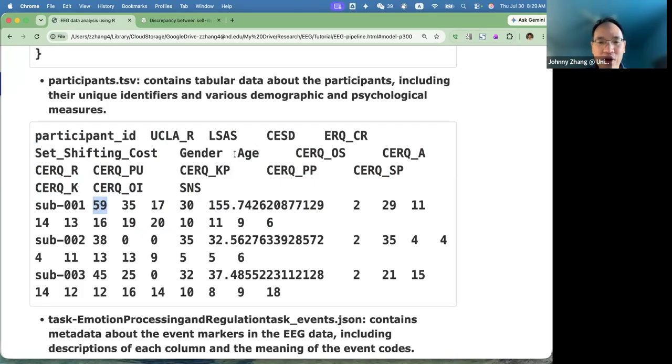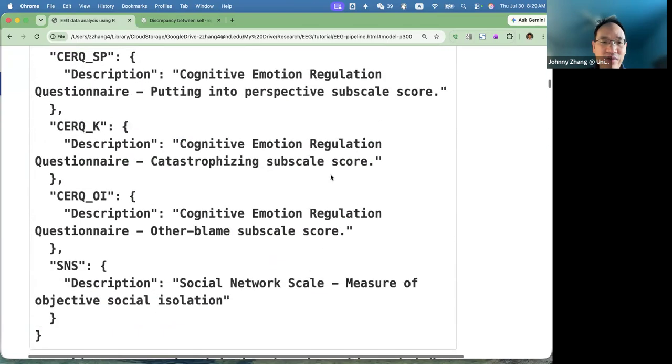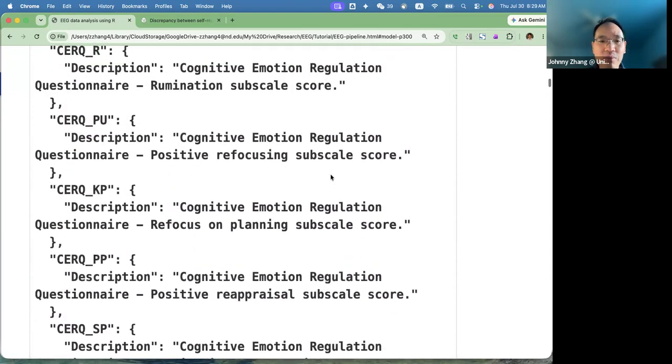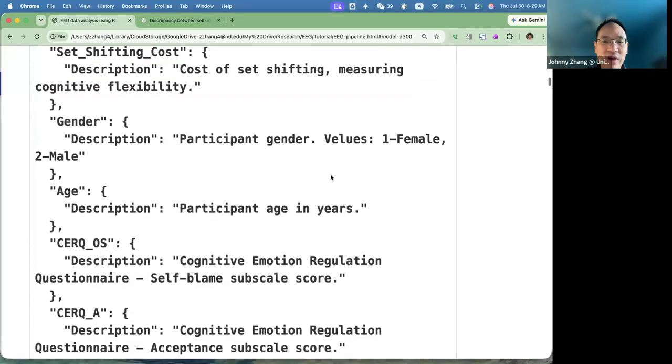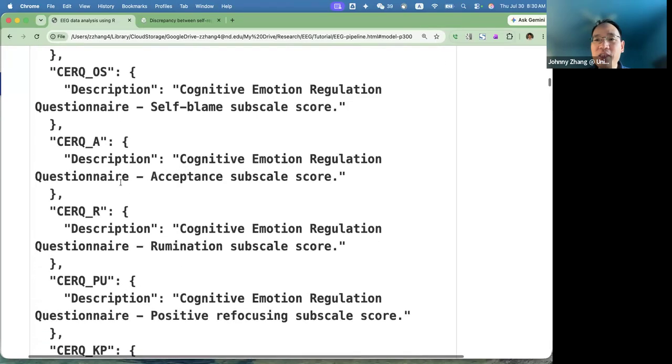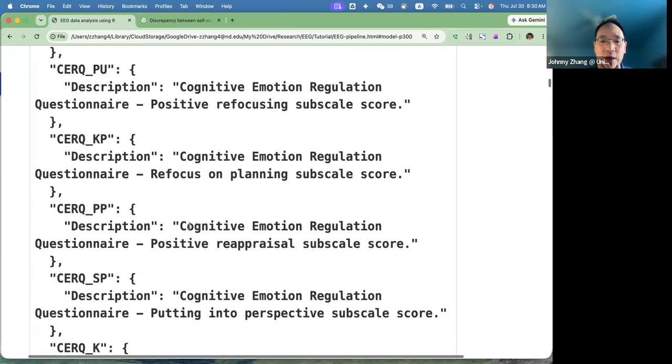We also have the age variable; the age of this participant is 29. The gender is two. I believe two means male, but we can find this here: one is female and two is male. So now we can connect the information together.